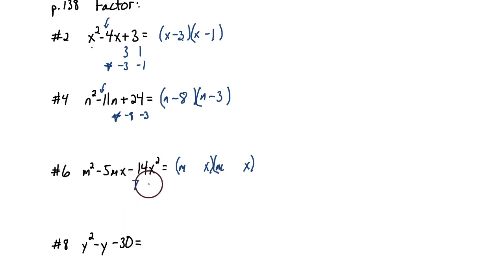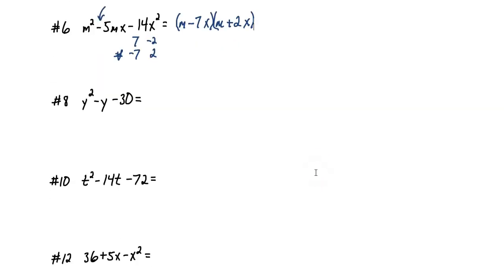Possibilities are 7 times negative 2, negative 7 times positive 2, and there's more. But let's see if either of these gets us negative 5 when we combine the numbers. That would be this choice. Negative 7 plus 2 makes negative 5. So fill in the minus 7 and fill in the plus 2.